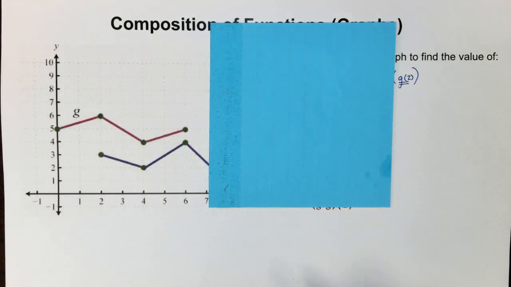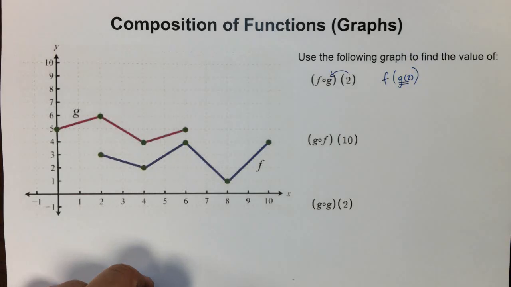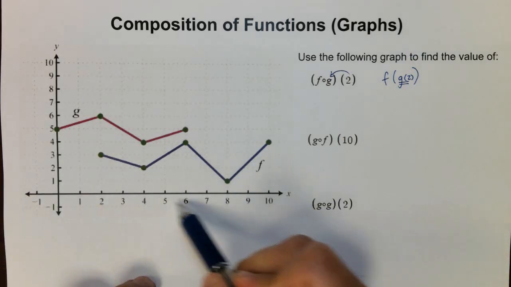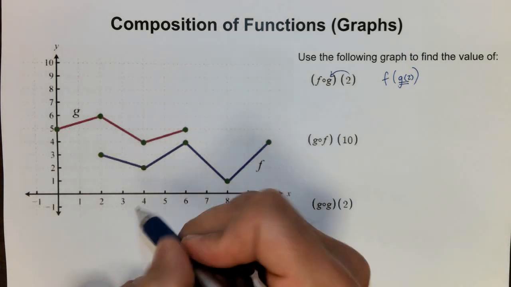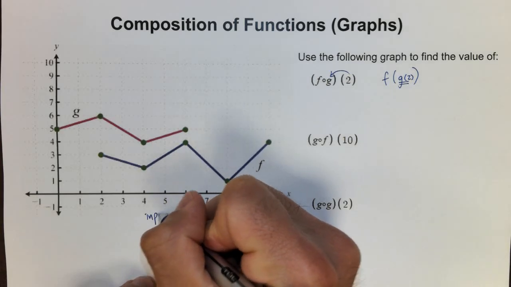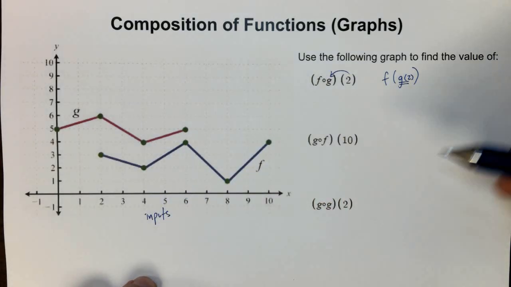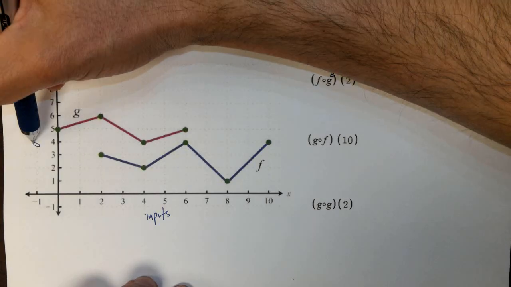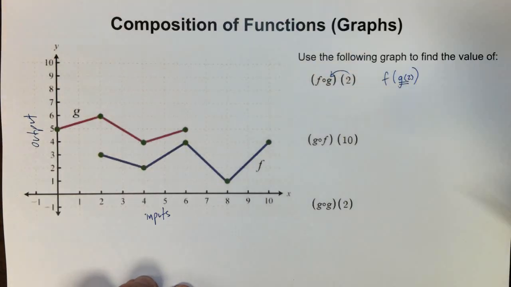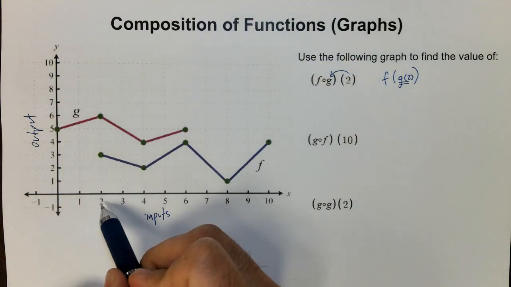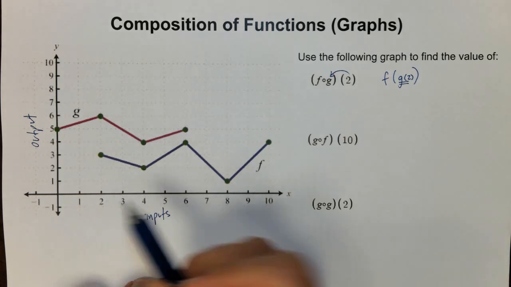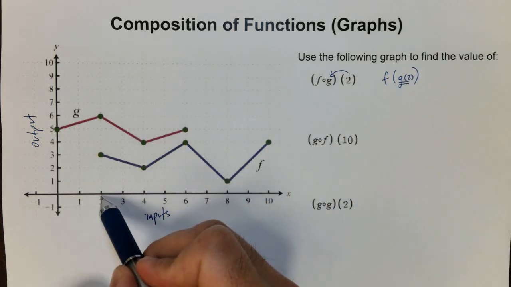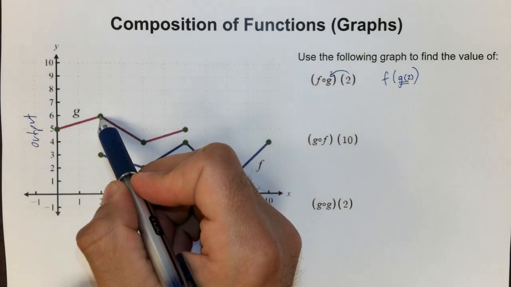What is the value of g at 2? So I go to 2 as my input. The x-axis will always represent the inputs, and the y value will always represent the output. So if 2 is my input, what is the value of g? Well, the g function is going to equal 6.